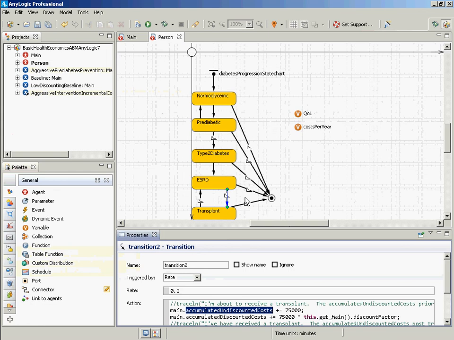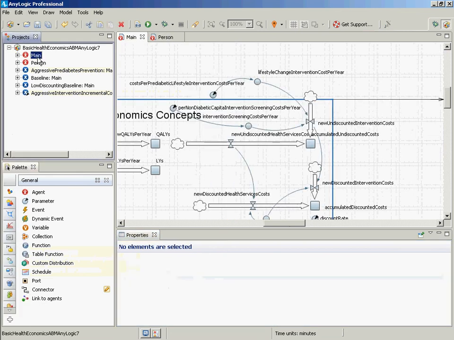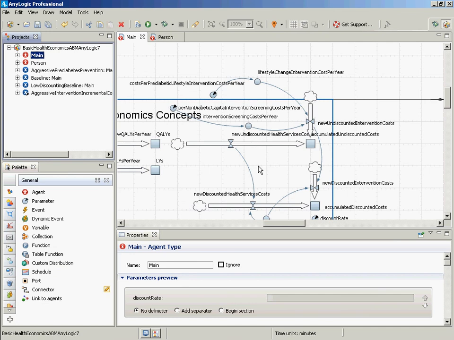So we just add that in to that stock in the main model. So here we see a very different situation. We see stocks and flows at a high level summarizing the state of the population as dictated by these underlying agents. And it's totaling up these health economics totals.